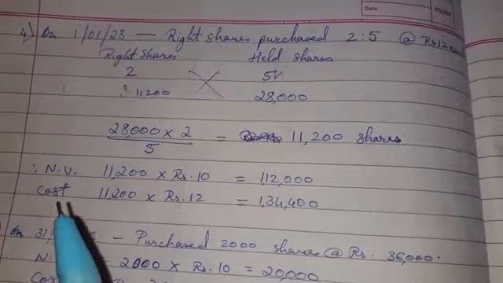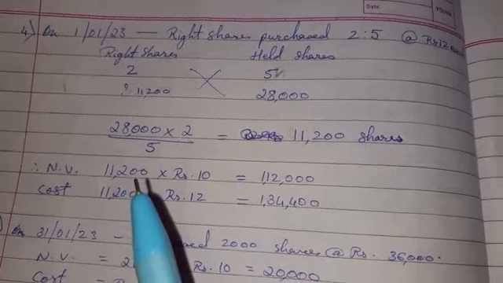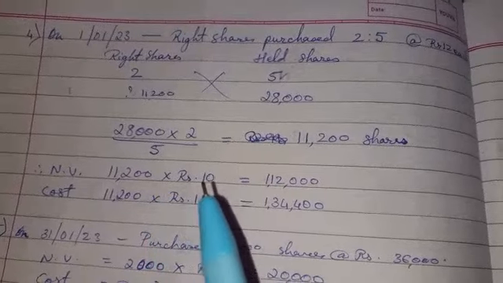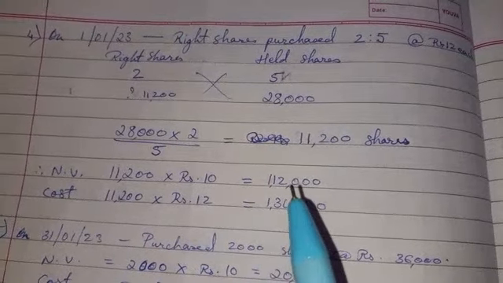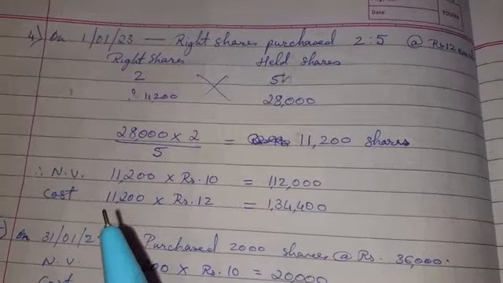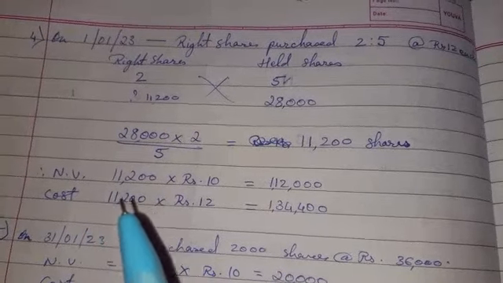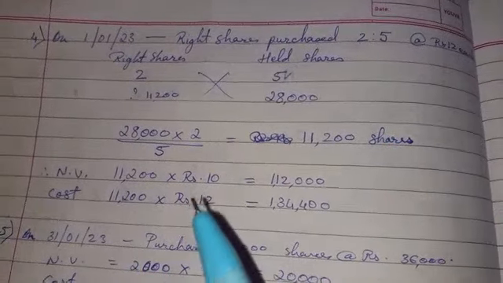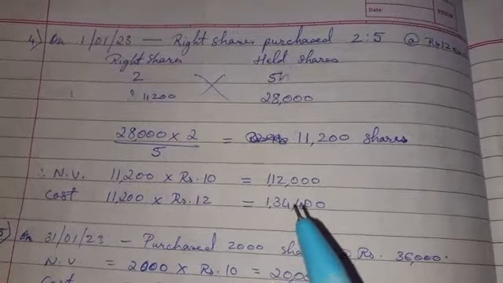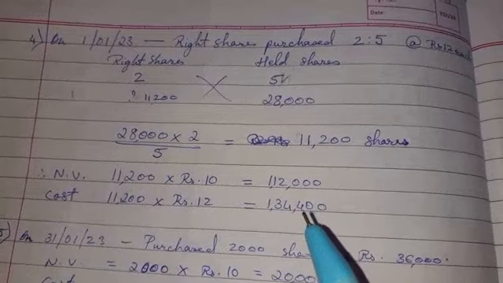Now the nominal value of the rights shares we have to find out. So 11,200 shares into rupees 10, the nominal value column will be 1,12,000. In the cost column, 11,200 rights shares purchased at rupees 12 each, so 12 into 11,200 is 1,34,400. This will go to the cost column.